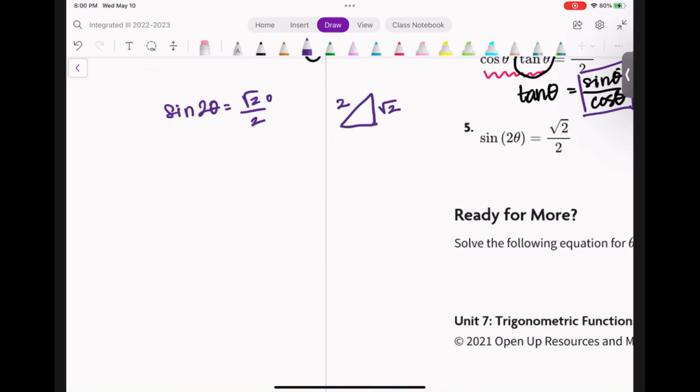This is my opposite, and this is my hypotenuse. And then, on the x and y axes, where else is sine positive? And you're like, oh, the second triangle is going to be here, Miss Johnson. Very good. Okay, so we are in the land of pi over 4.